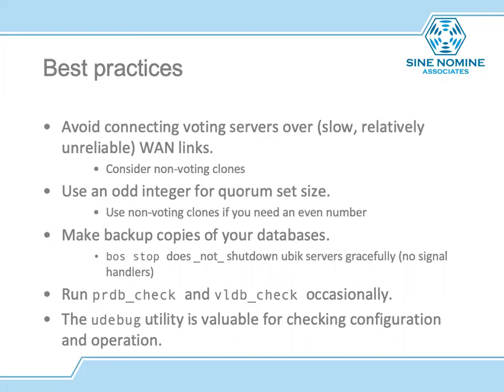Remember, that's not a database. We're just working with physical data. If you want to make sure that the logical data makes sense and is correct, the only way to do that is to run the application checkers. PRDB check and VLDB check both do a thorough job of that. You can find problems relatively easily using them.